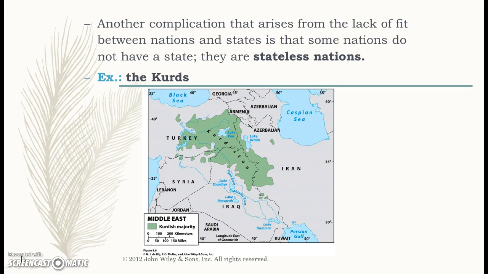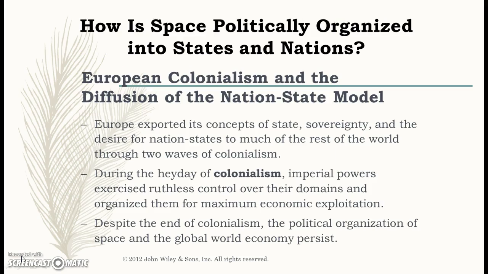Because for a lot of years, for example, Kurds in Turkey have not been able to go to school in their own language, learn their own history, and things like that. So that's what we're looking at as the end result of colonialism, this combination of nations and states.